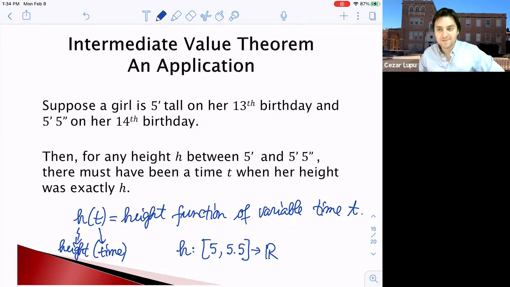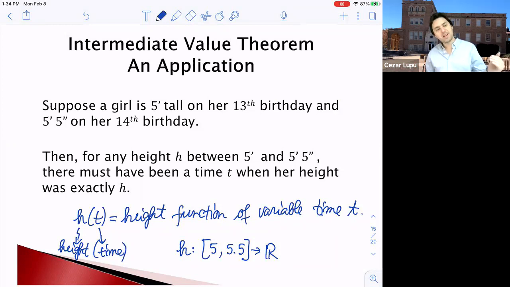So for any height h, there has been a time t at which her height was exactly h. For example, since it's between 5 and 5.5, there was a time at which her height was 5.4, or 5.3, which is kind of obvious if you look at it.